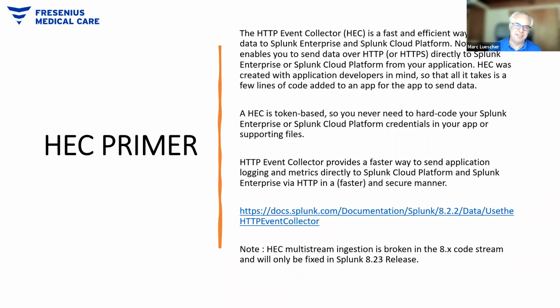This will be fixed in Splunk 8.2.3, I was told. That's when you get performance back. But before, keep that in mind. If you don't get the performance you expect to see, or you have an extremely high amount of events and your server listening to HEC is having issues, this is the reason.